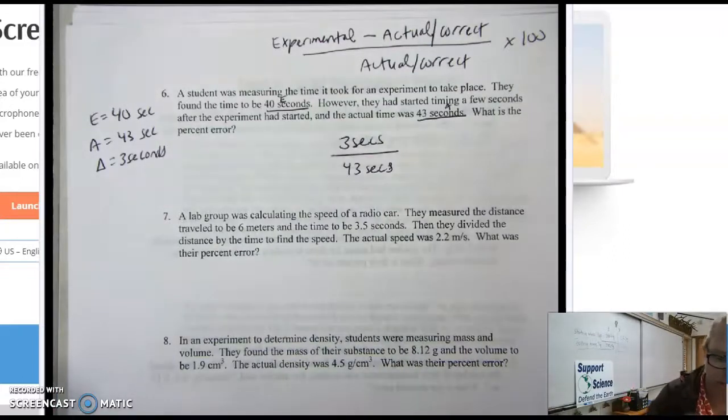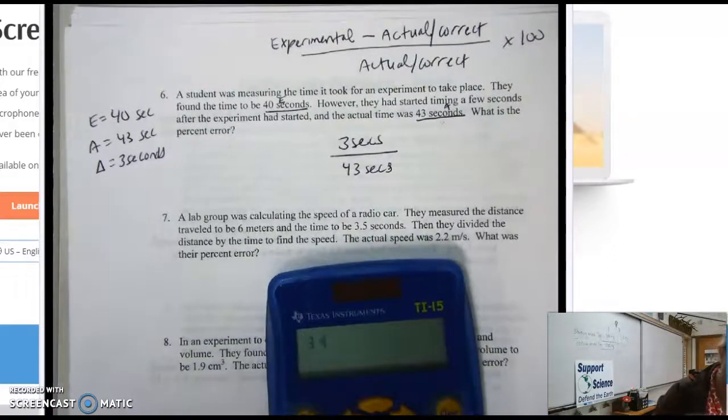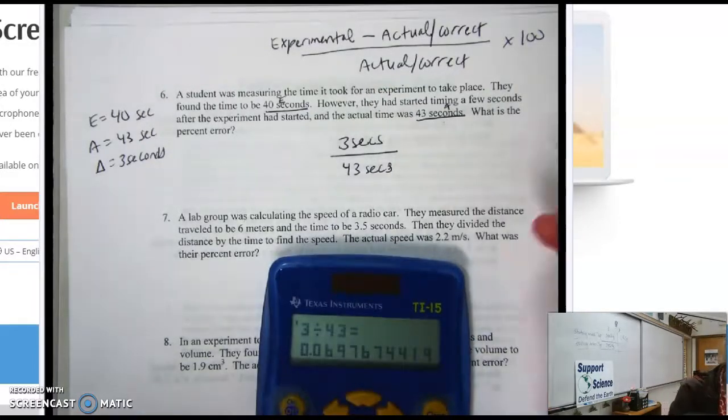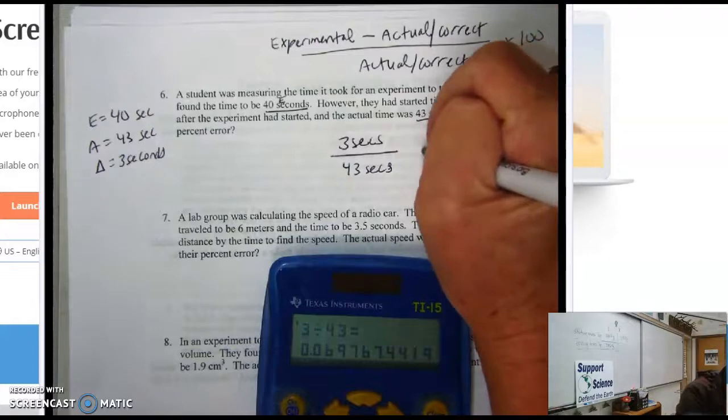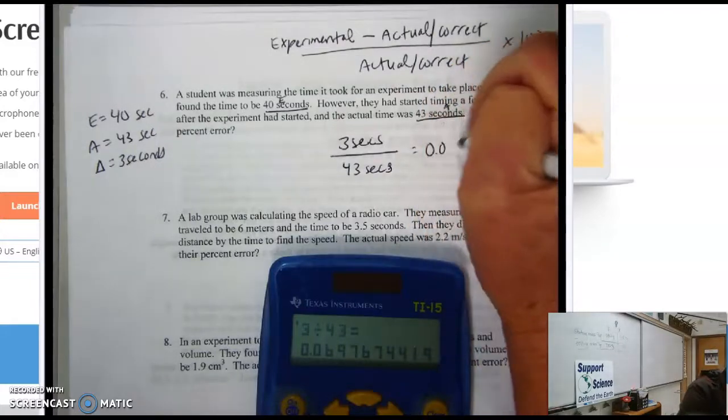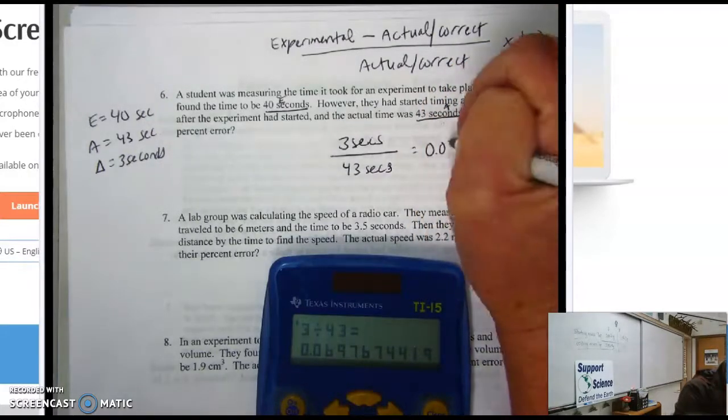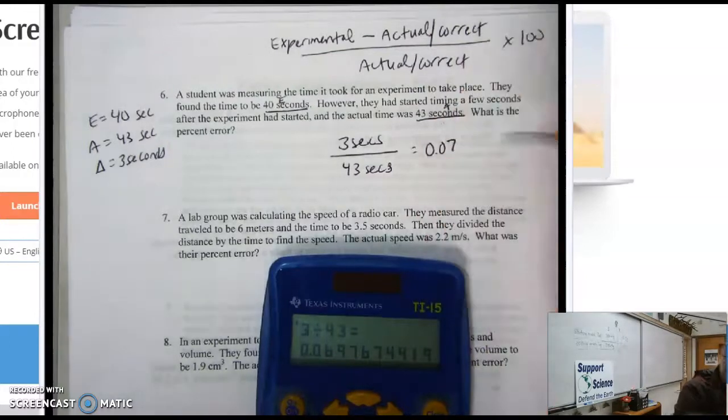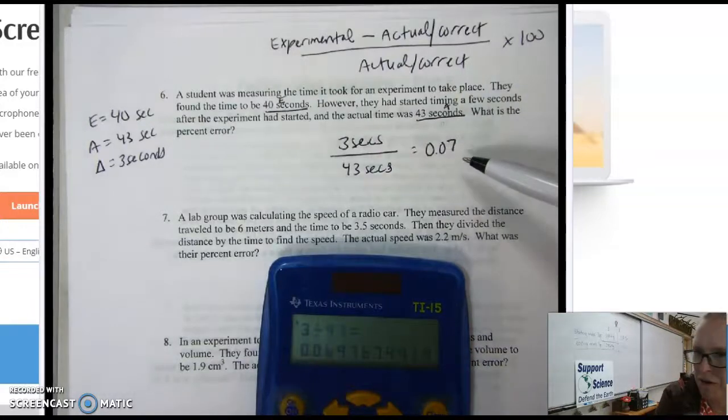And you would get 3 divided by 43 equals, your first step is 0.07, because I'm rounding up, right? Remember we've talked about sig figs too.